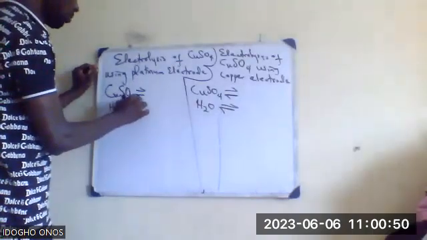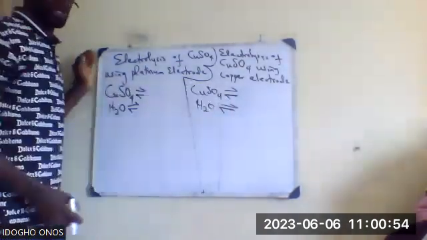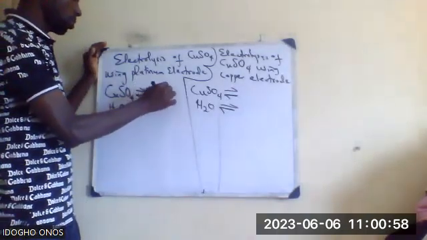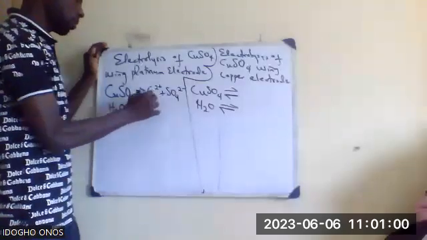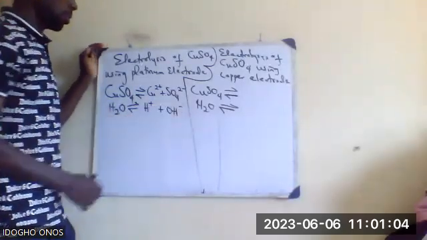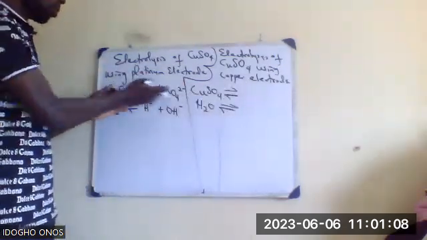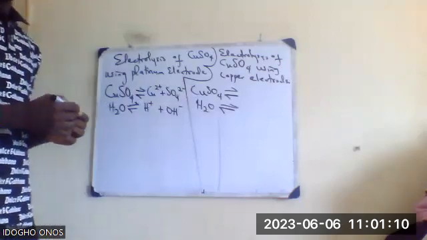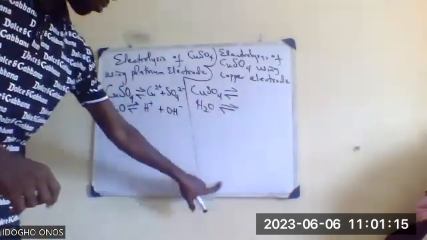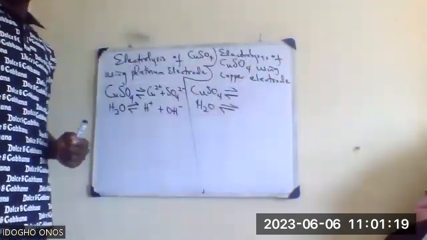We'll be having the same thing for both. So if I don't write this because of the space, you could as well just write it. This will give me Cu 2 plus, SO4 2 minus, H plus, and OH minus. We see the same thing here as well. Put the state of matter, all aqueous. You can as well just list the ions present. They are the same thing.